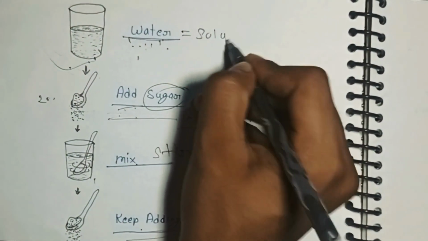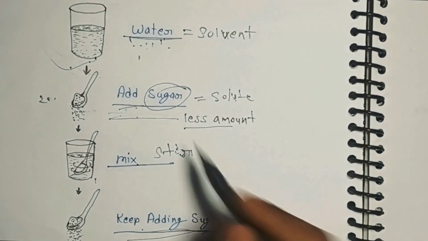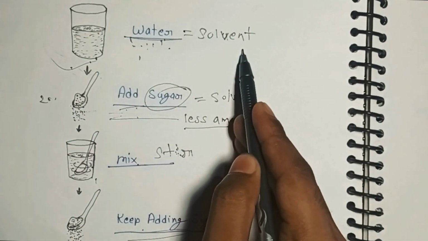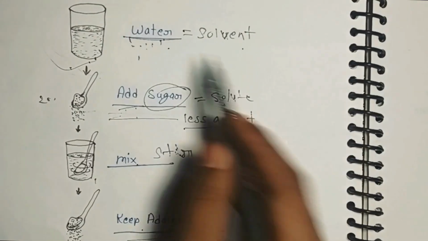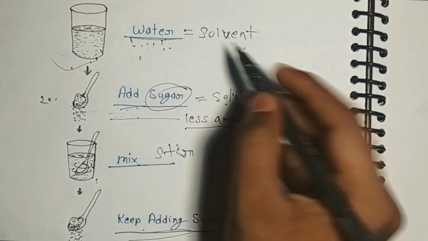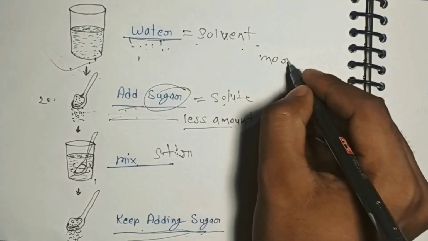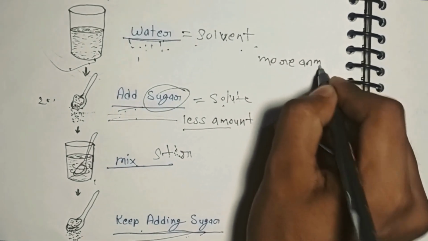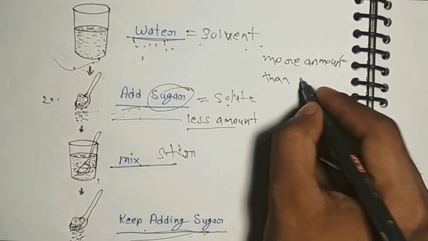Here water is the solvent, and the solute gets dissolved in a solvent. Usually the solvent is present in more amount than the solute.